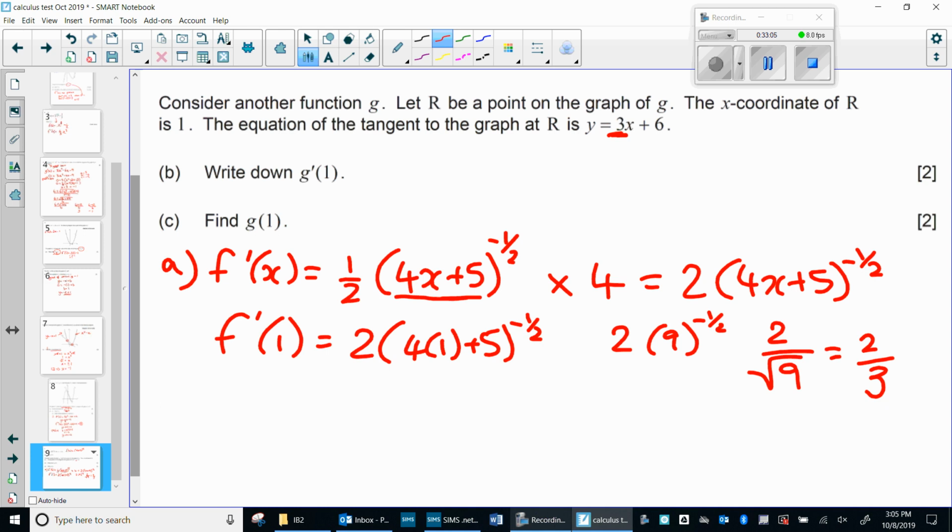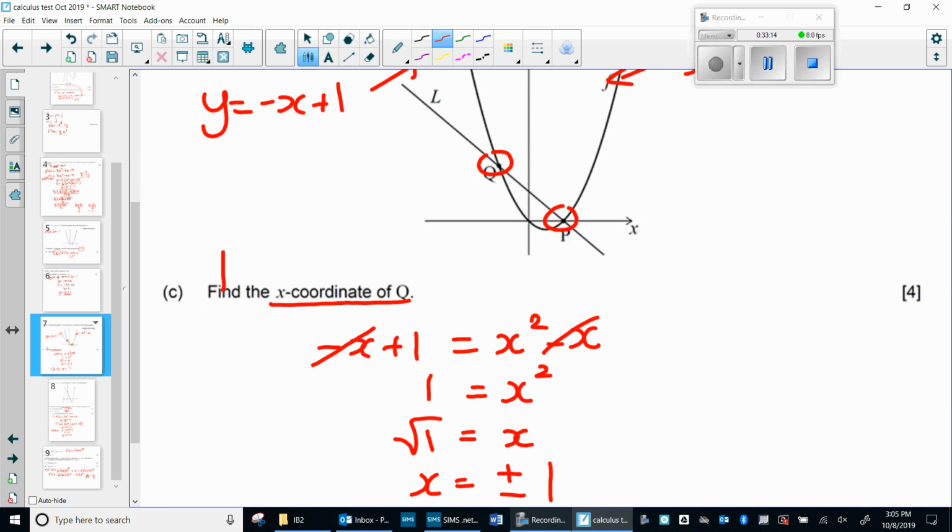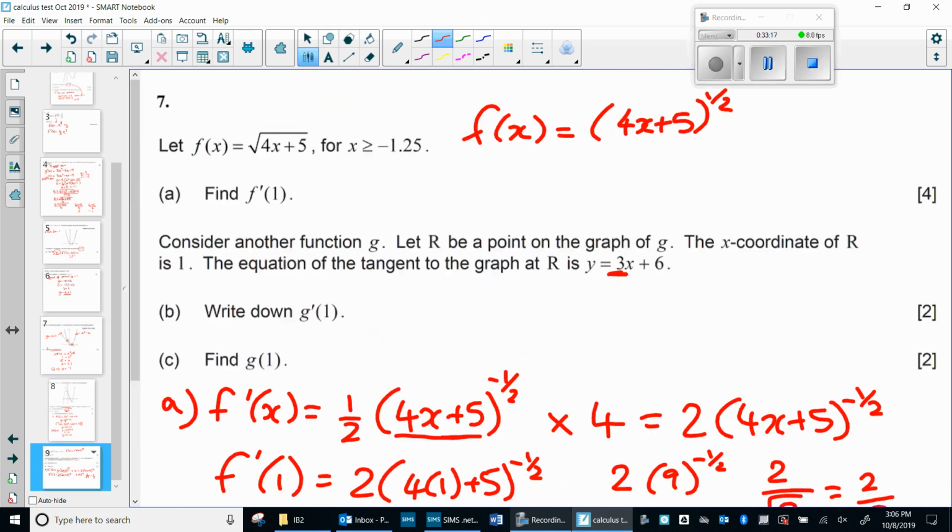Remember back in those other questions when we were trying to find the equation of the tangent, we differentiated and then subbed the value in. Here they've told us the equation. We can see what the gradient is, we're just identifying that's what it is. So the gradient is 3, so that means that G'(1) is 3.